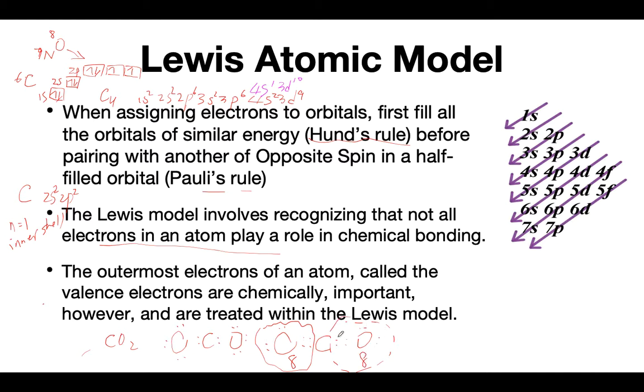Now if you look at the carbon atom, here's 4, so also 8. So the Lewis model tells us all the atoms inside carbon dioxide have 8 electrons in the valence shell. All the atoms meet the 8 electrons, so we call it the octet rule. So this will be stabilized.